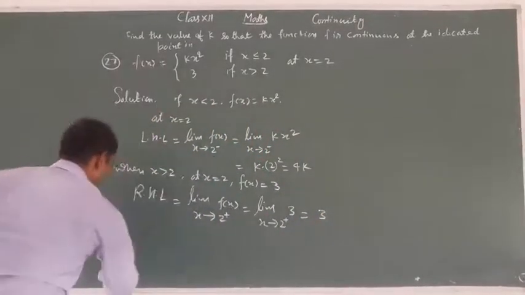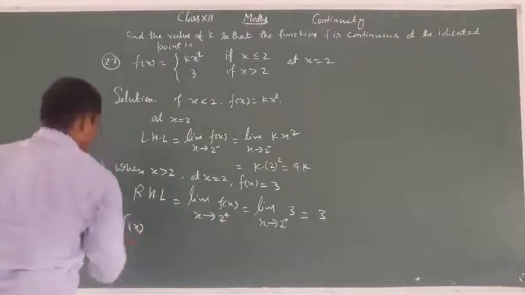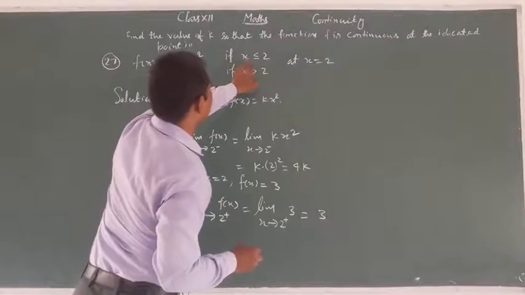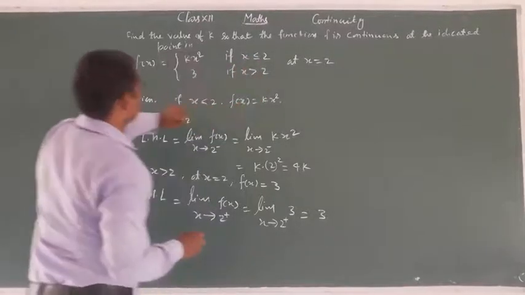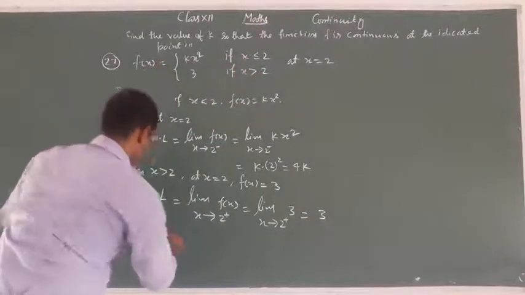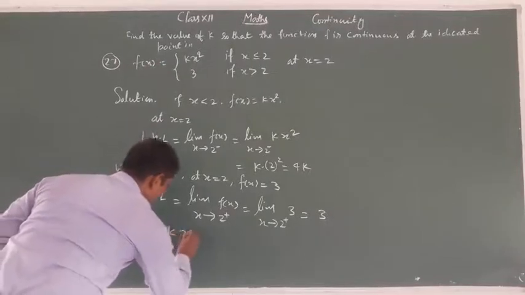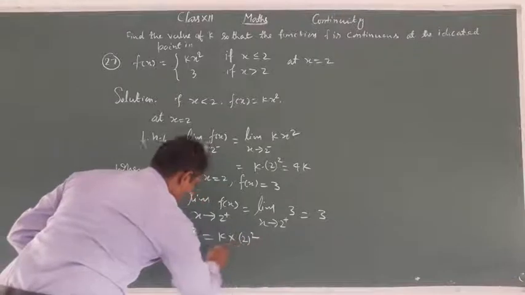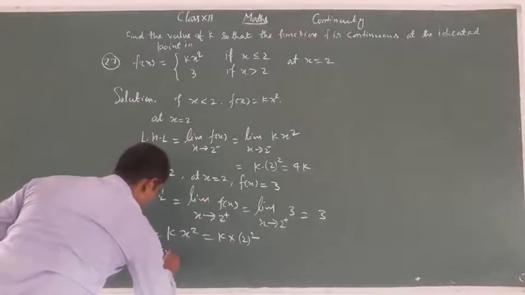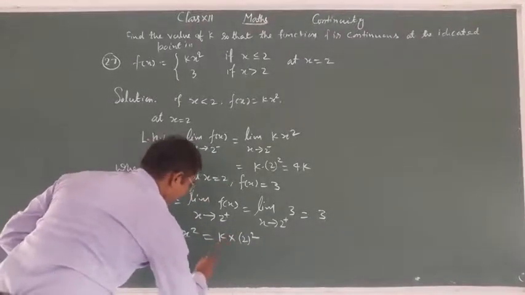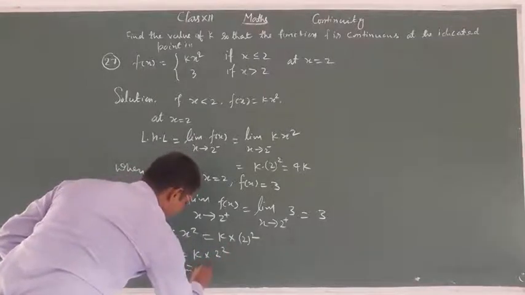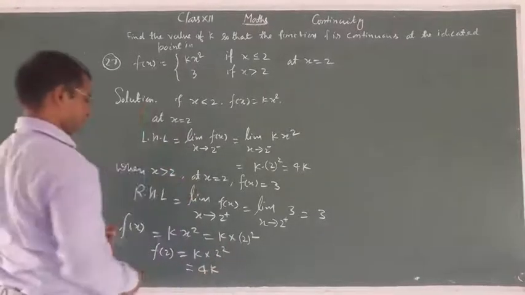And also f(x) at x is equal to 2 is kx square. So f(2) is equal to k into 2 square, which is equal to 4k.